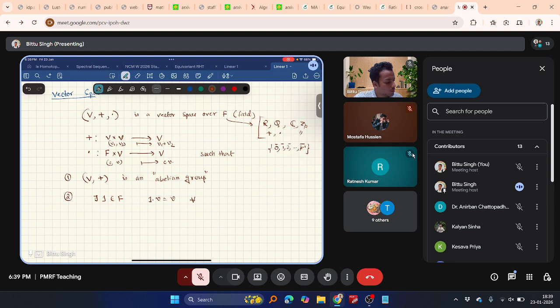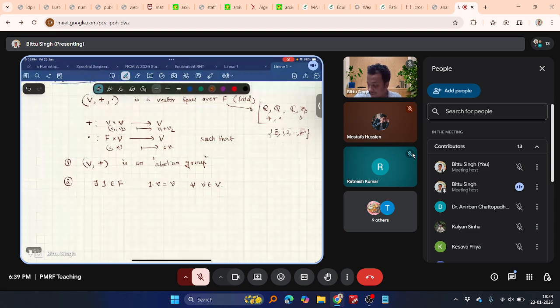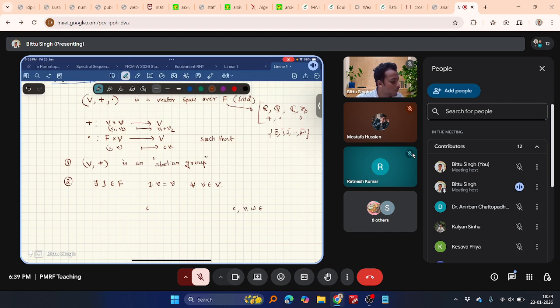This is true for all v belonging to V. And there are other distributive properties. For example, if you take any scalar c from the scalar field and any two vectors v and w from the vector space, we have c times (v plus w) is the same as c times v plus c times w.